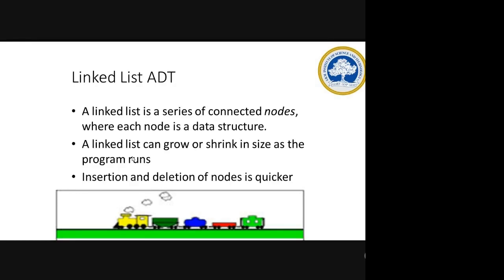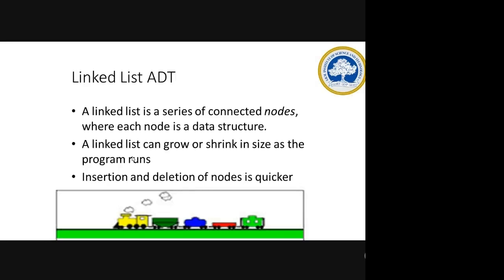Shrink in the sense, if you delete an element, your linked list will become smaller. If I have 5 elements, your length is 5. Now if I delete 3 elements, immediately my linked list size will become 3 elements fewer. So it keeps shrinking and expanding as your program runs.